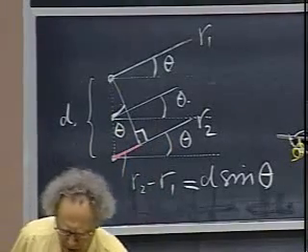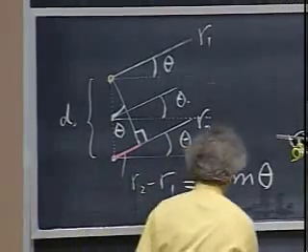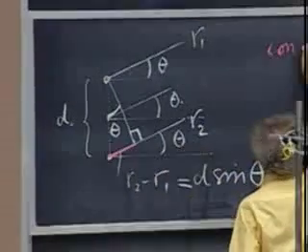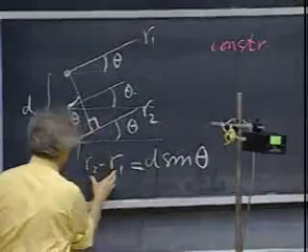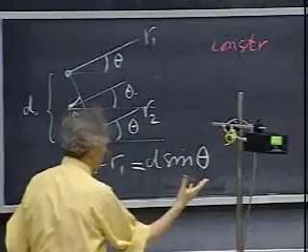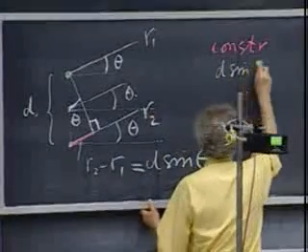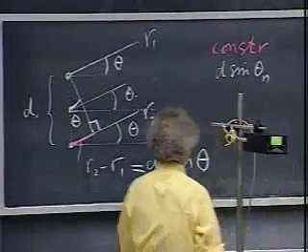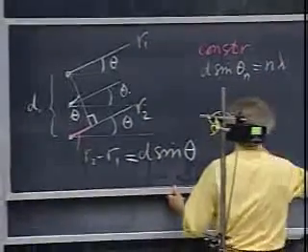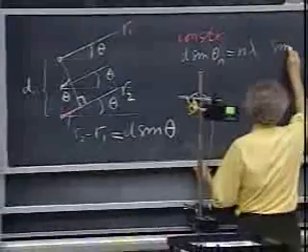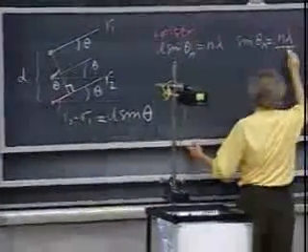And so now I'm in business, I can predict in what directions we will see constructive interference, because all we are requesting now is that R2 minus R1 is n times lambda. And so we need that d sine theta n, with a sub-index n, as in Nancy, equals n times lambda. In other words, that the sine of theta n is simply n lambda divided by d.